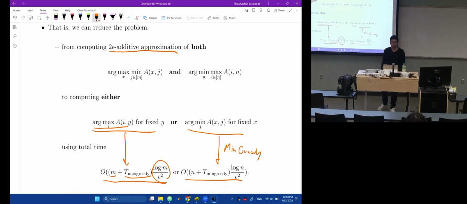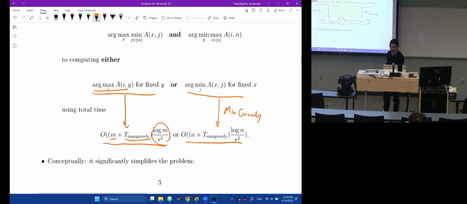Okay. So does this make sense so far? You think of it as a reduction. When you find a problem that is a min-max problem or max-min problem, it's enough to just solve one problem.